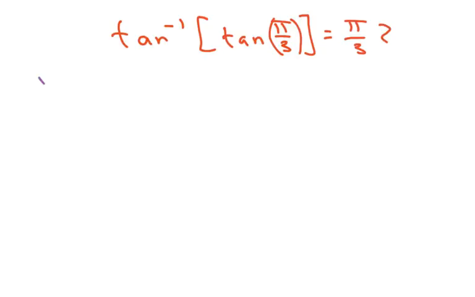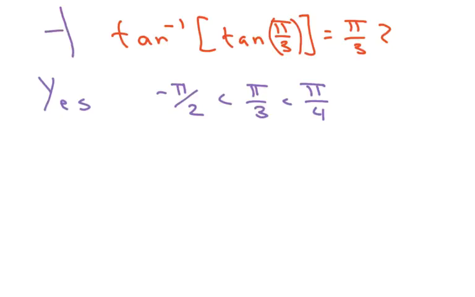And this is going to be a yes, because with our restrictions, remember tan is restricted between quadrant 1 and quadrant 4. That means tan is only going from negative pi over 2 to pi over 2. You don't even have this side here because we cut that graph off, remember? Alright, so that's why this is true.